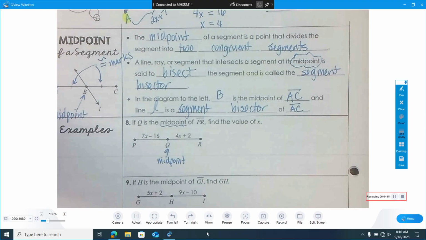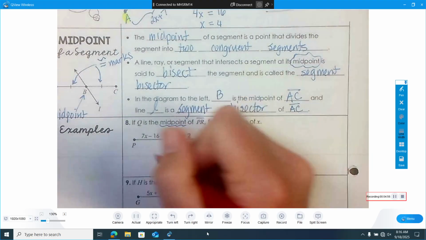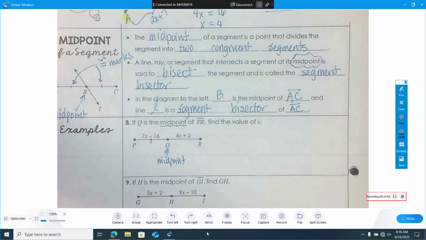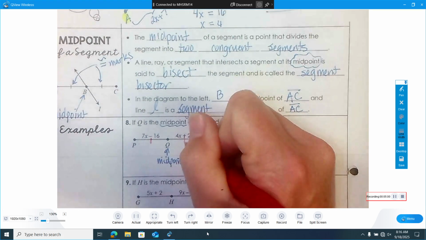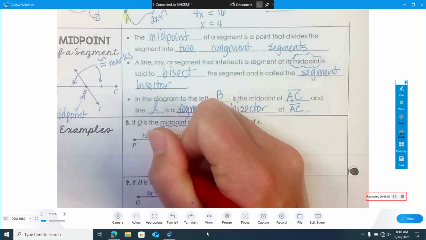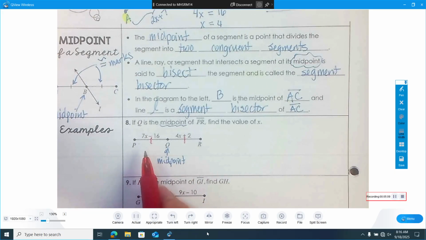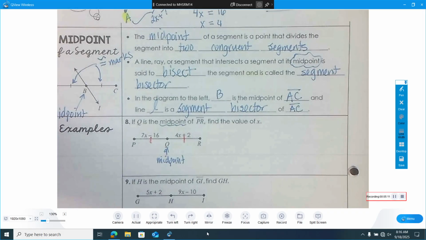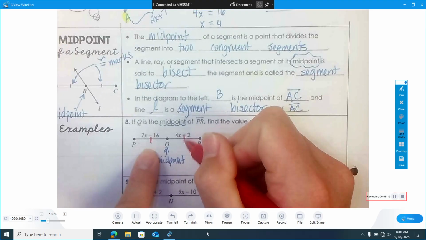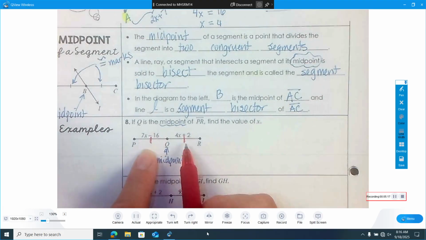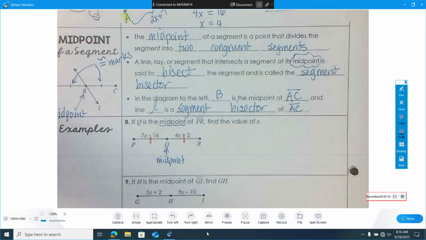What are my 2 congruent segments? PQ and QR. So what we're going to get good at here is practicing to make marks. In geometry, it is so important to really study your pictures because we can learn so much from those pictures. So we're going to mark up these pictures, and what it says is that these two things are the same length.